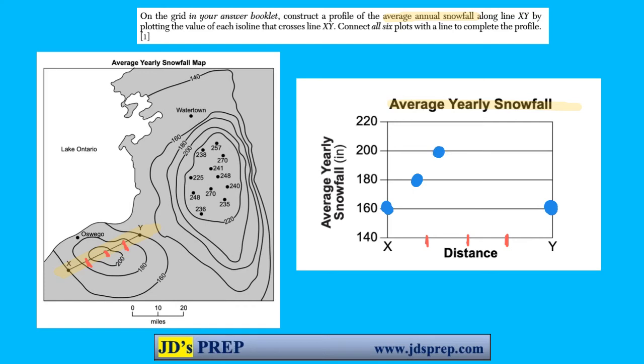Soon after, we hit the 200, and we're up there until after halfway. Then after 3/4, we hit the 180 again. Add a line, and I have a rough profile, but a profile nonetheless.